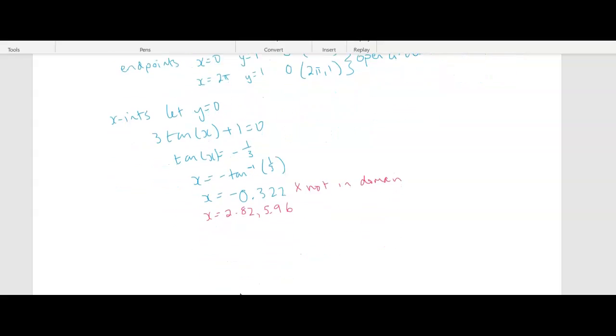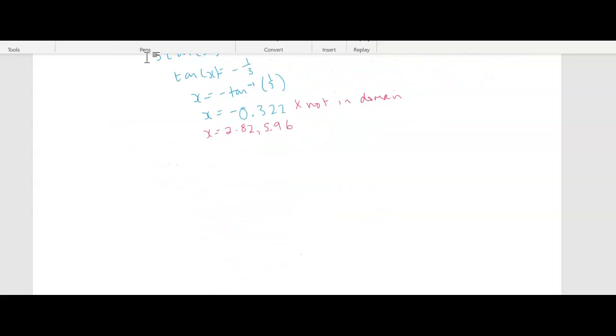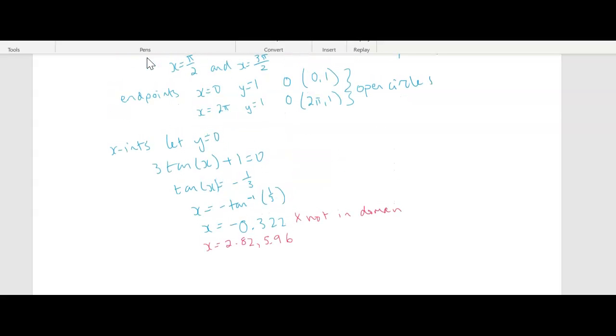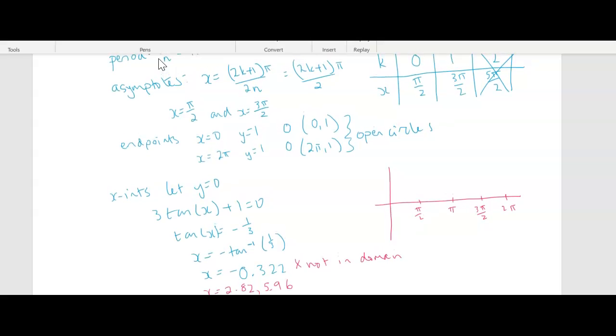All right, so let's sketch it quickly because it's becoming a very long video. I might just do it on the side here. All right, so our asymptotes, actually we're going all the way to 2 pi, so I'll put that in first. All right, so our asymptotes are at pi on 2 and 3 pi on 2.